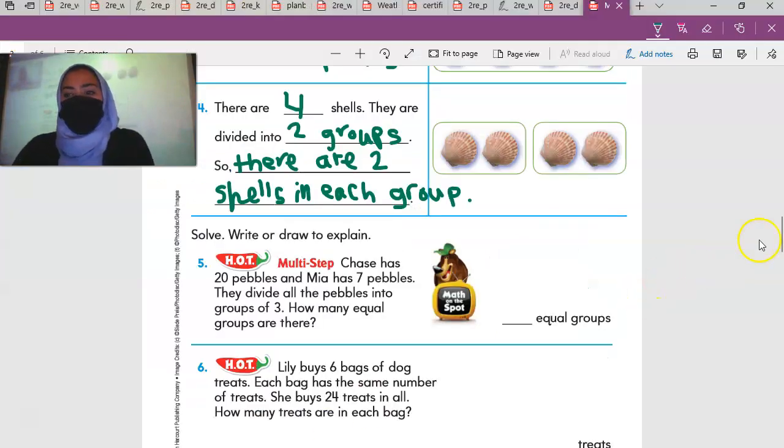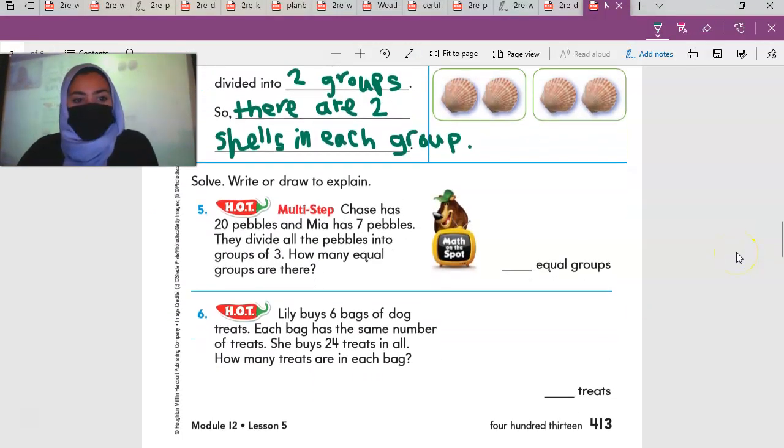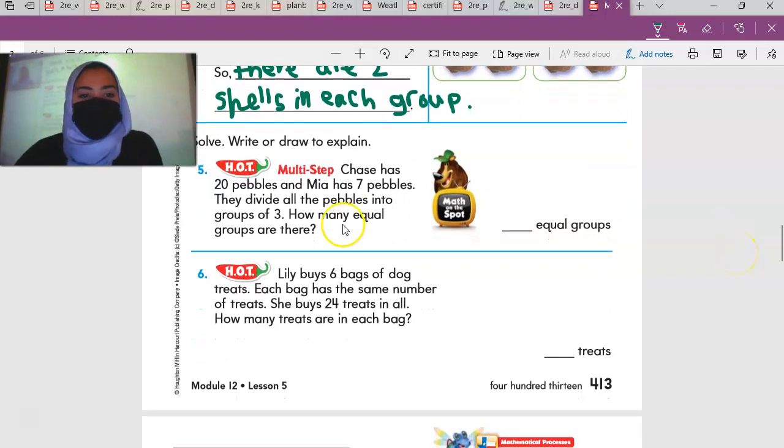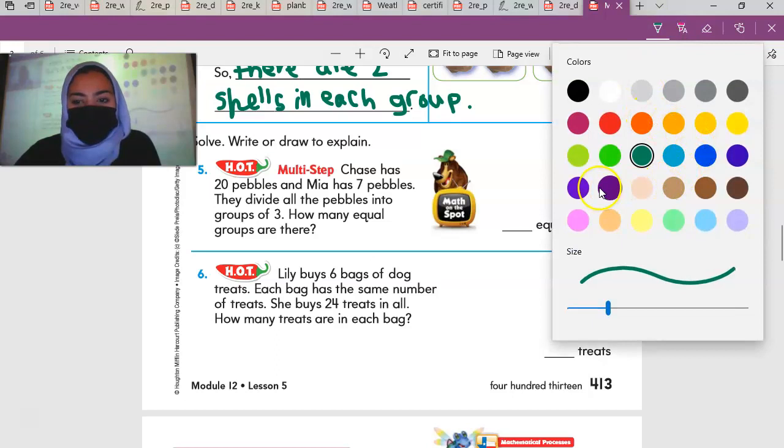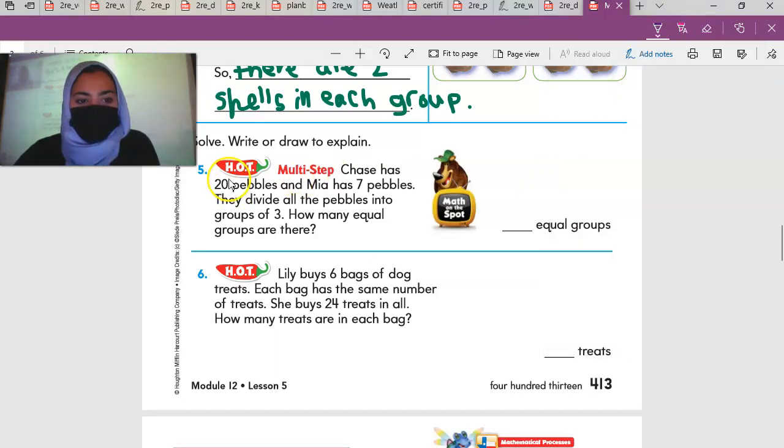All right. Let's look at problem 5. Multi-step. Chase has 20 pebbles. It's kind of the same thing, so glad we watched it. Chase has 20 pebbles, and Mia has 7 pebbles.